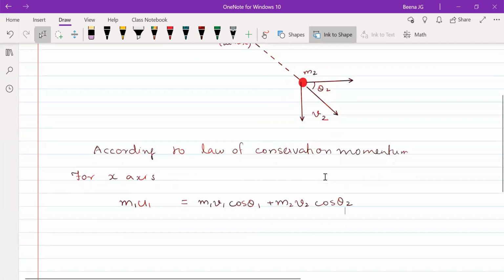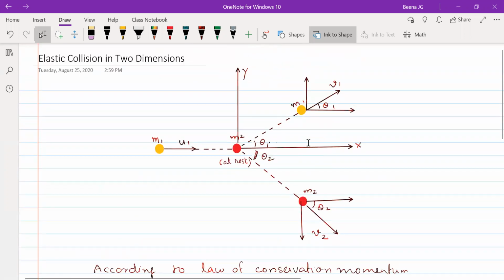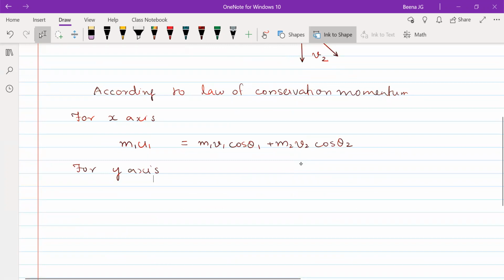Now let us think about the y-axis. We said initially the particle is purely moving along the x-axis, so it won't have any y component. So I can write the initial component of momentum along the y-axis is 0.